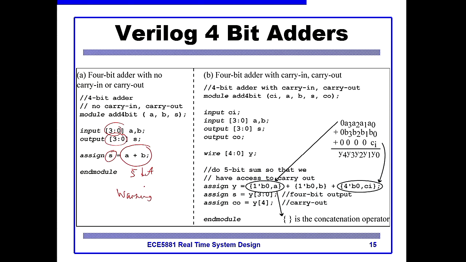All right, so here we're actually doing this more rigorously on the right-hand side. So a 5-bit sum is the result of the A plus B that we just discussed, but we're going to store the carry out in this example.